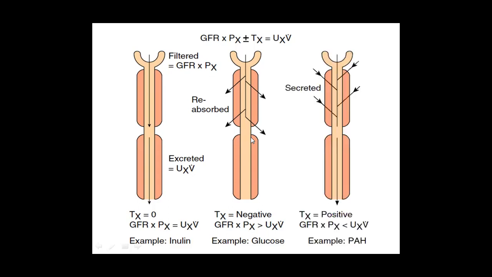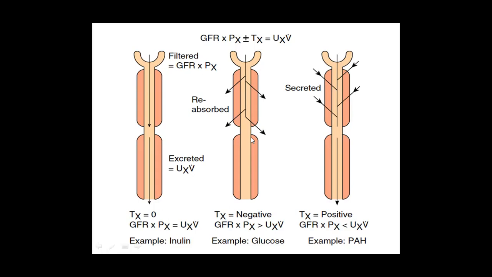And the third one, where Tx is positive. For glucose, it is negative because it is reabsorbed. And for another substance known as PAH, para-aminohippurate or para-aminohippuric acid, which is a substance that is classically secreted, the amount which is filtered and the amount which is secreted are added, leading to the amount which is excreted.